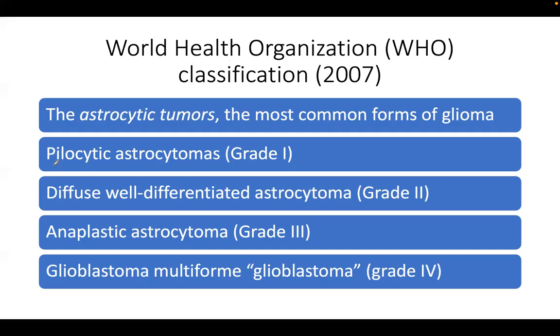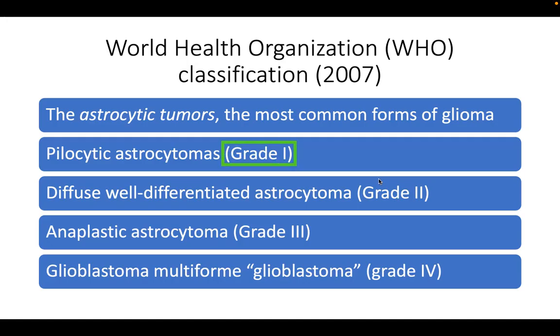Now, according to the World Health Organization classification, we have grade 1, grade 2, grade 3, and grade 4. There are 4 classifications of the astrocytic tumors. Okay, so the grade 1, so take note of this, grade 1 are the pilocytic tumors.